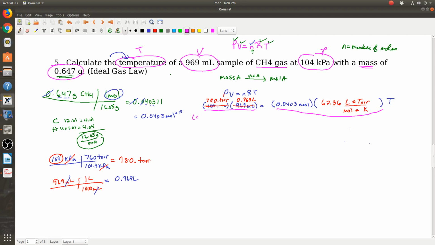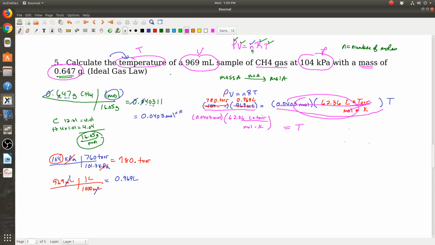So I'm going to divide it by 0.0403 moles and 62.36 liters times torr divided by moles times Kelvin. If I do it on both sides, this cancels out. I'm not writing it, but you're dividing by both sides, so you get T by itself. I divided both sides by these two quantities.